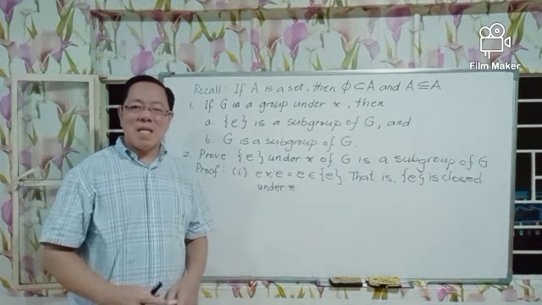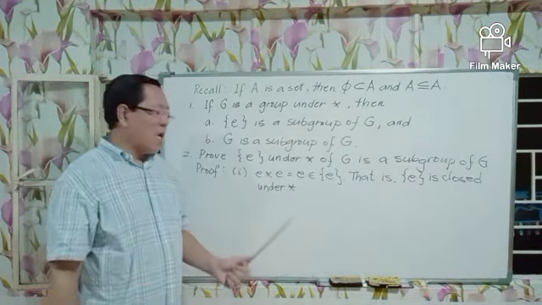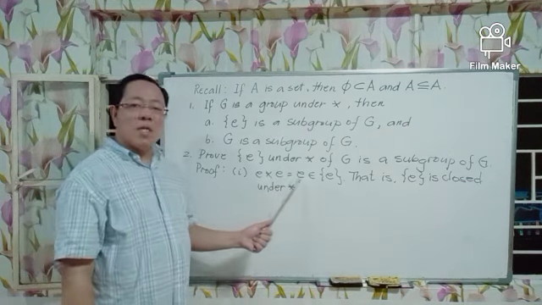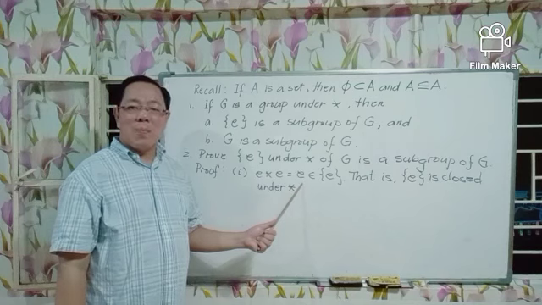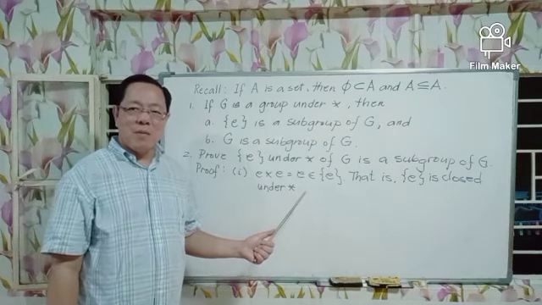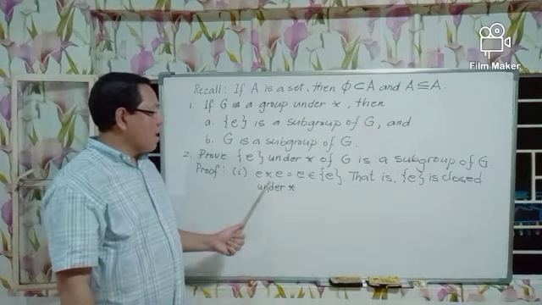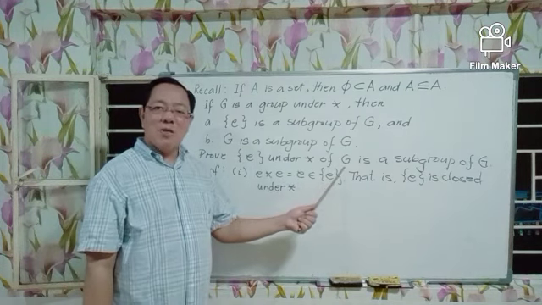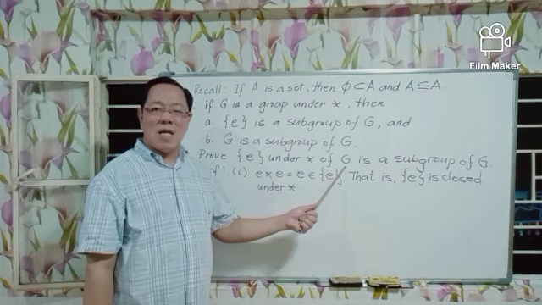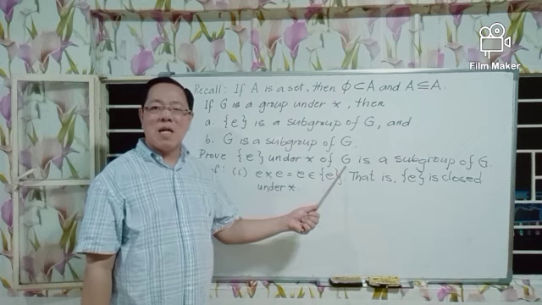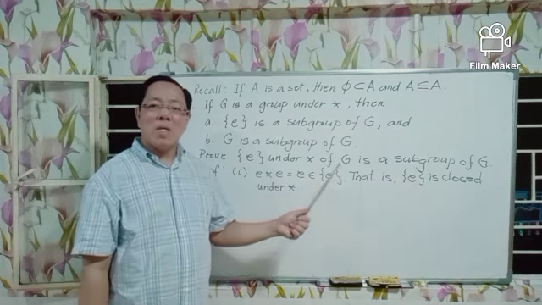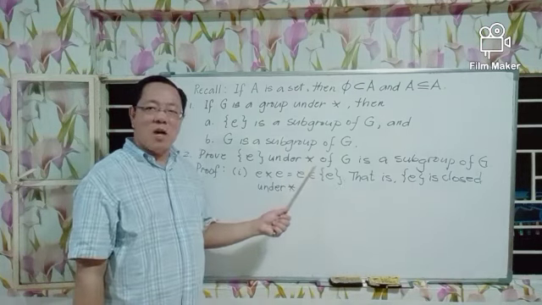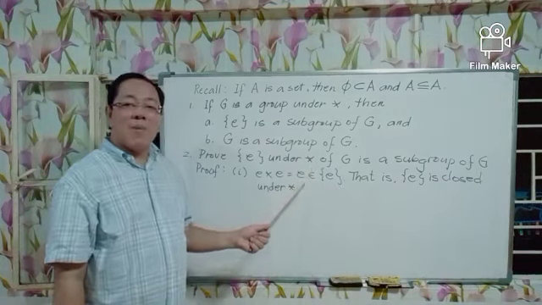And combining the identity element E with itself by the binary operation star, we have E star E is equal to E. And this is the property of the identity element E. We are sure that E star E is E because E is an element of G and G is a group, and G has an identity element E with the property that if you combine E with any other element of G including E by the binary operation star, the result is the element.